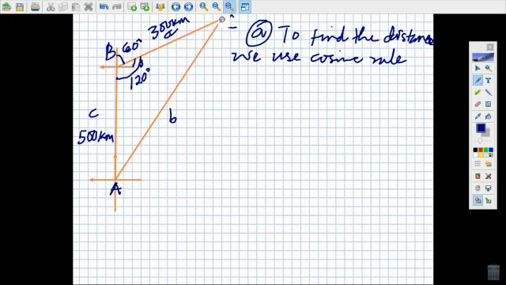It will be easy for us to use cosine rule to solve it.